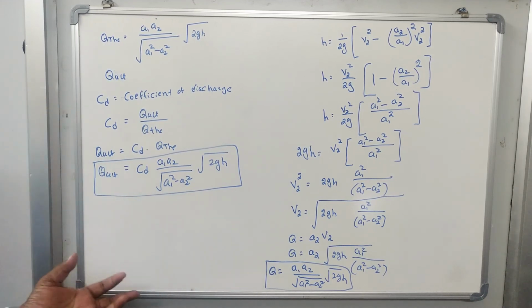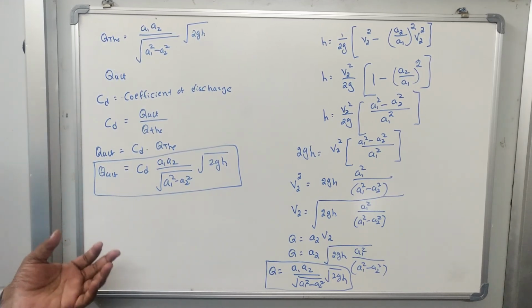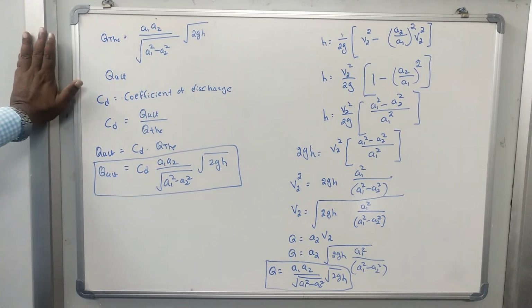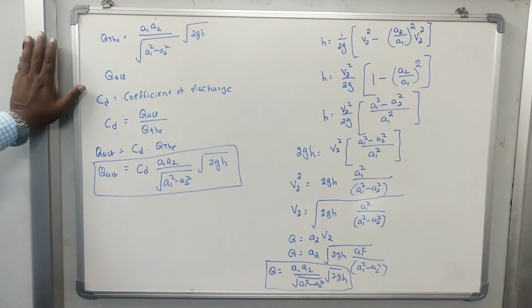First you calculate the theoretical discharge, then multiply by the CD. There in the laboratory you are supposed to measure the coefficient of discharge in the pipe. That is the experiment you will get in the 5th semester when you visit the fluid mechanics lab.